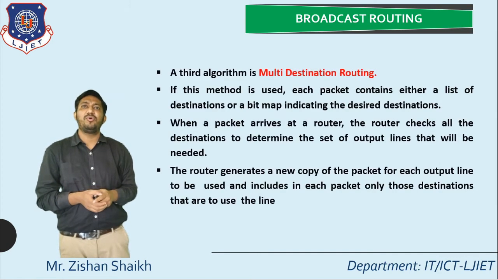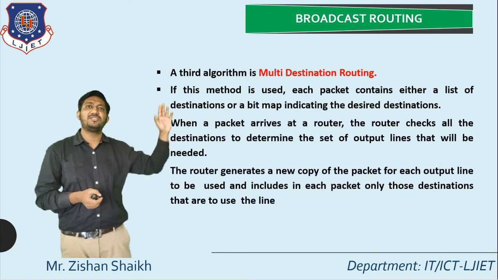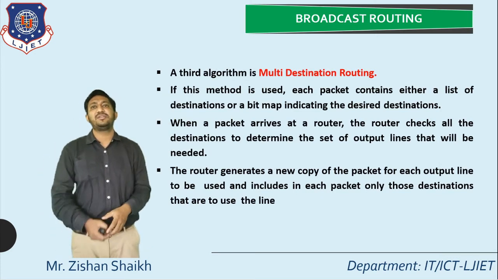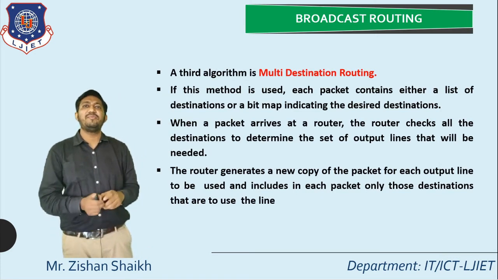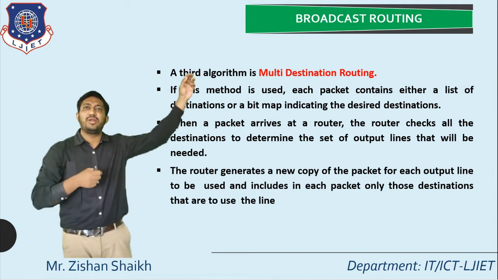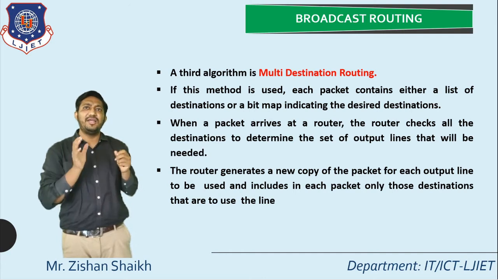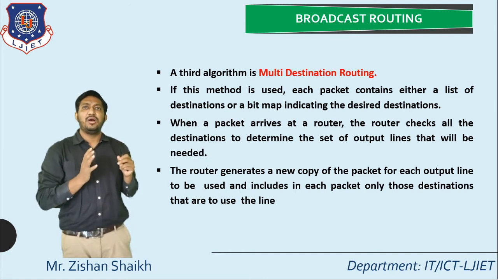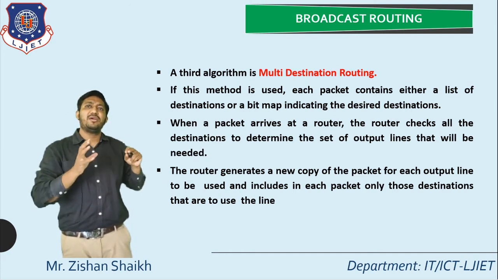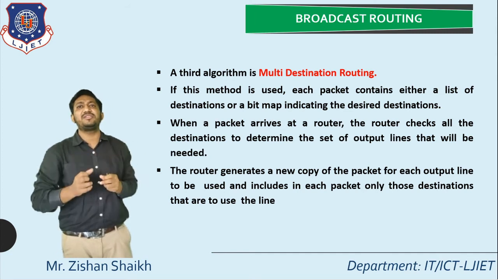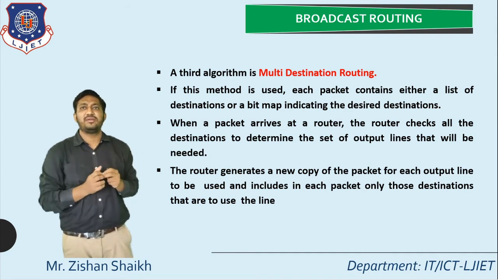To remove that problem, we use the third method, the multi-destination routing algorithm. In this method, each packet contains either a list of destinations or a bit map indicating which destinations are interested in receiving the data.